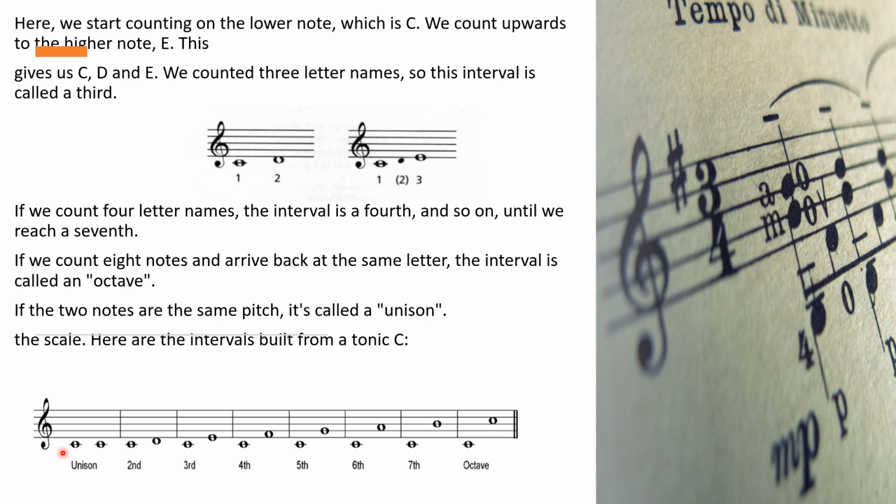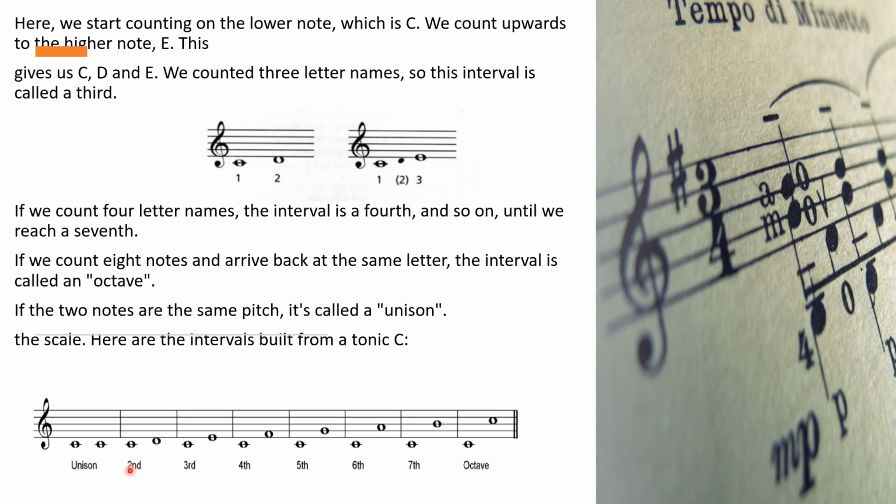No harmony, just the same pitch level. It's called unison. So when you look at this, the interval between this note and this note is 0. It's a unison because it's the same pitch level, the same note.